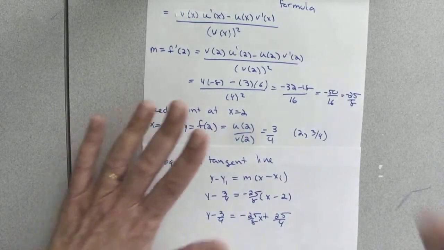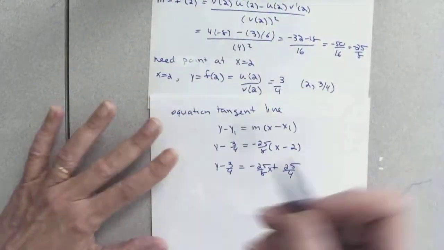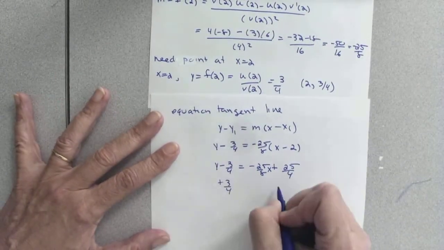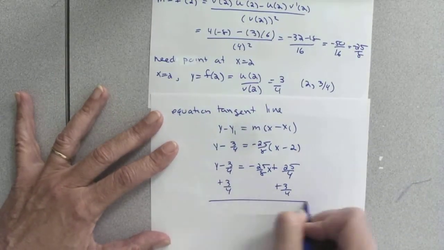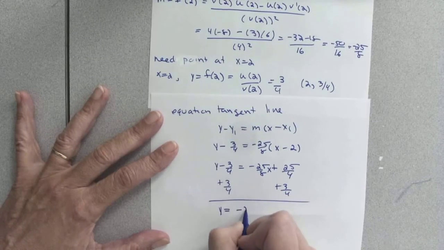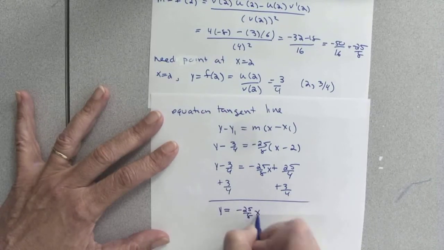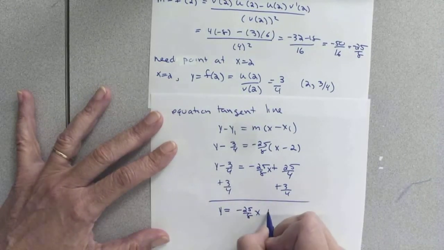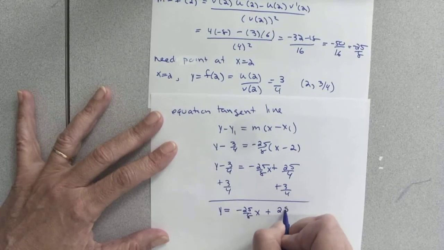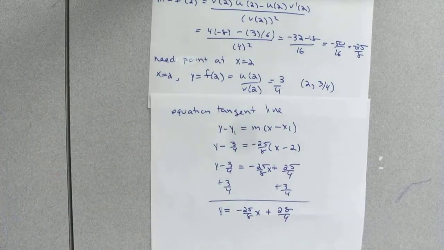So I'll have 25/4. Then add the 3/4 to both sides, and I get y equals -25/8 x plus 28/4. And then you could call the 28/4 14/2, you know, whatever you wanted to do.